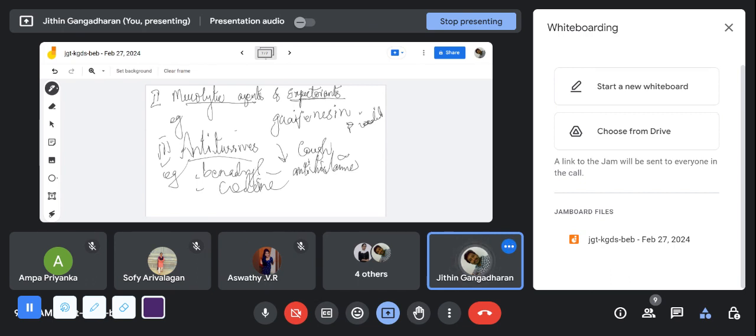In which cough will we give antitussives? We will only give antitussives if it is a dry cough. Only in case of a dry cough. Clear?